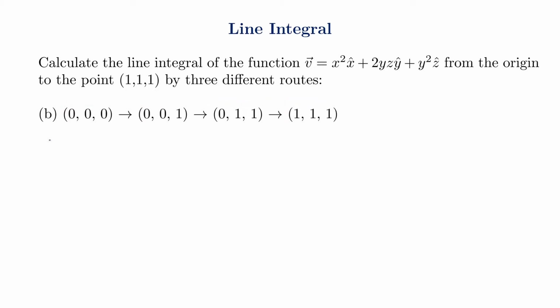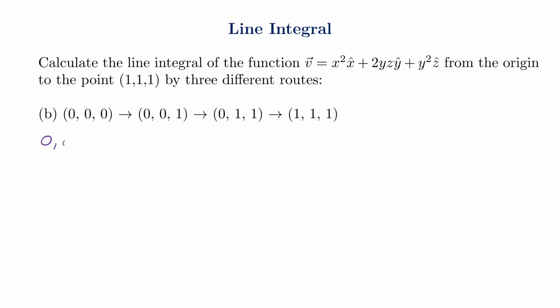Part B is to calculate the line integral in going through a different route. It starts from 0, 0, 0, goes to 0, 0, 1 and then to 0, 1, 1 and finally to 1, 1, 1. So we'll split the entire route into 3: from 0, 0, 0 to 0, 0, 1, from 0, 0, 1 to 0, 1, 1 and from 0, 1, 1 to 1, 1, 1.